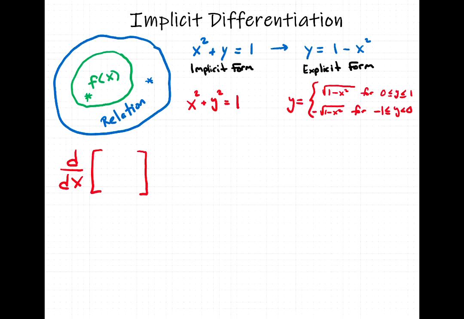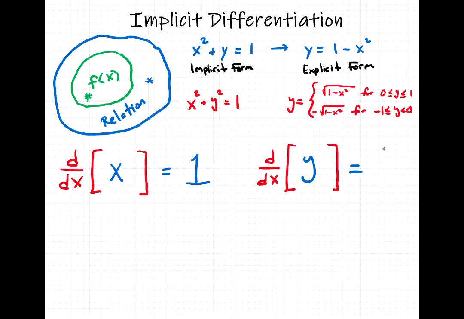So one thing we've seen is that the derivative of x is equal to 1. And the derivative of y is equal to, well, we have multiple notations. We could say y prime or dy over dx.